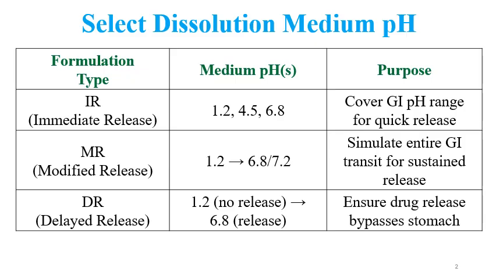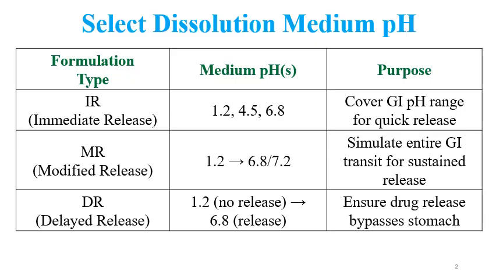There are various formulation types like immediate release, modified release or delayed release. And there are various dissolution media with pH like 1.2, 4.5, 6.8, 7.5, 7.2 and many more.